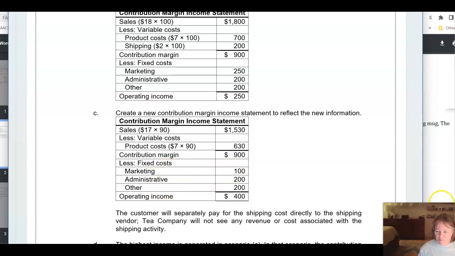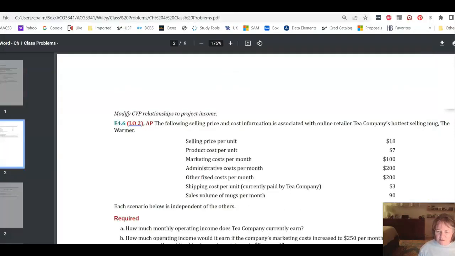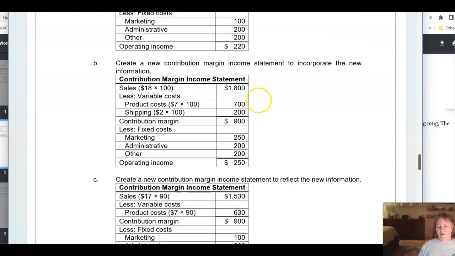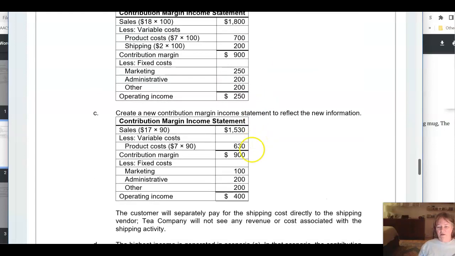We got rid of the shipping, so there's no shipping costs up here at all. So operating income went from $220 originally to $400. That made a really big difference. I'm surprised that the volume didn't increase at all with the decrease in selling price.